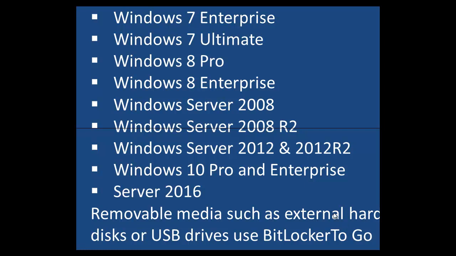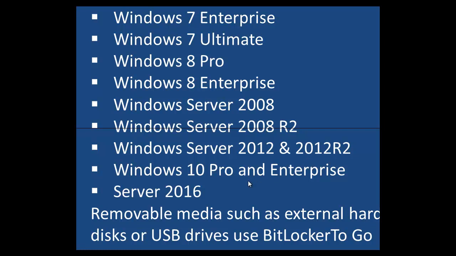Let's take a look at some of the operating systems that can use BitLocker. We have Windows 7 Enterprise and Ultimate, Windows 8 Pro, Windows 8 Enterprise, Server 2008 and 2008 R2, Server 2012, 2012 R2.